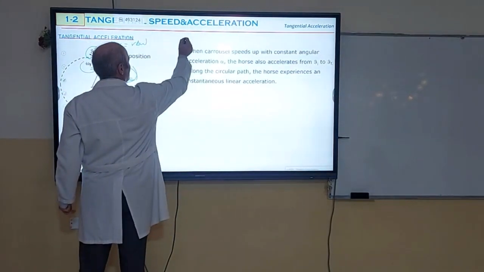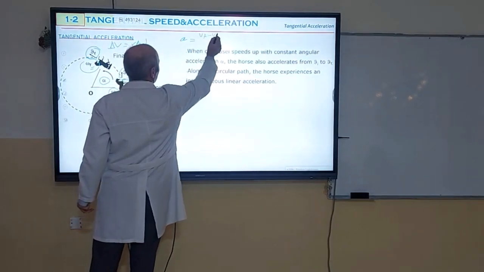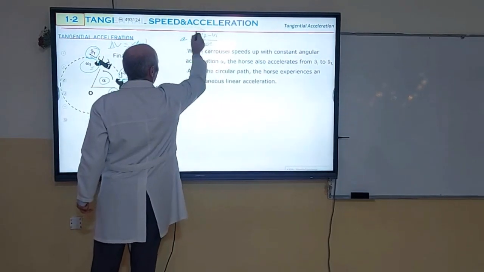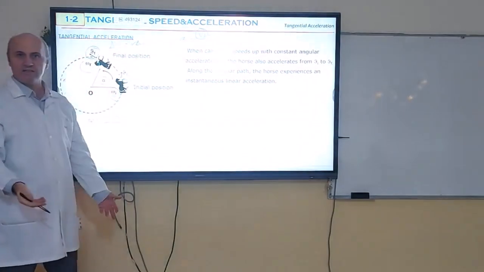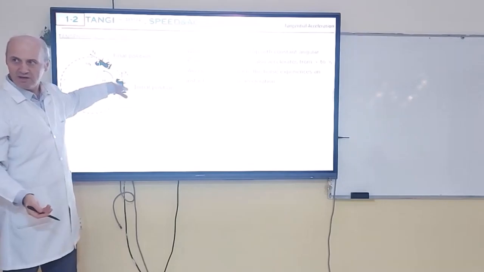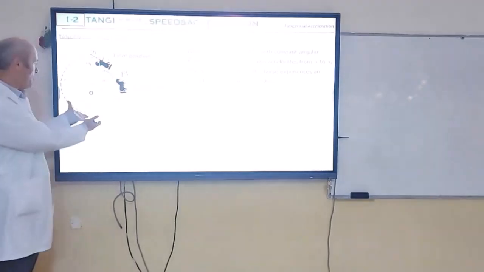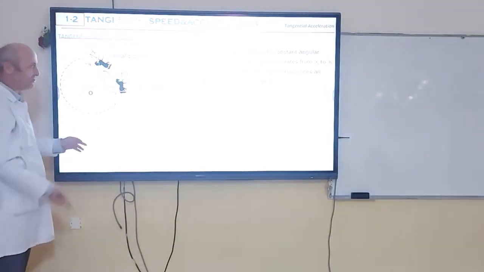What was the acceleration equation in 11th grade? The final minus the initial divided by delta t. So now, only instead of linear speed, we are going to say tangential speed: final tangential speed minus initial tangential speed divided by delta t, the same way we calculate angular acceleration.